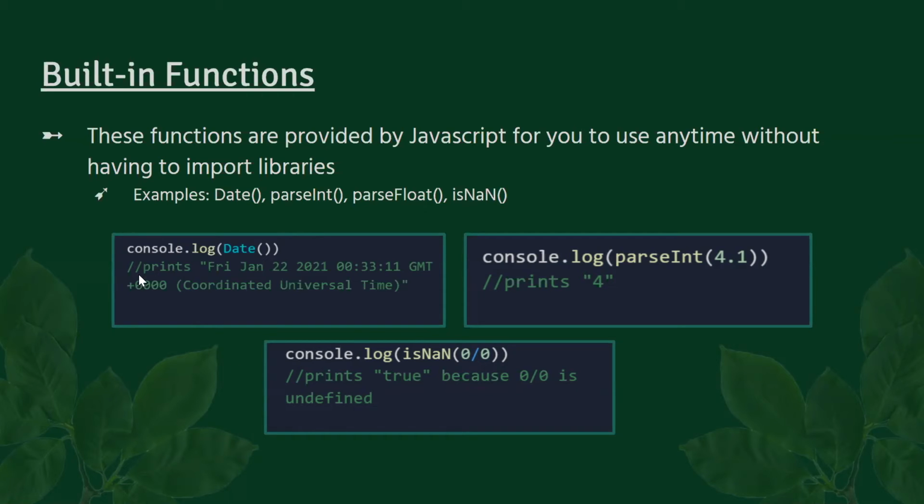So if you have console.log Date, Date is a specific built-in function. Date parentheses automatically gives you the date, so Friday, January 22nd, 2021. By saying console.log, it prints the date out to the console. So Date parentheses is an automatic built-in function.